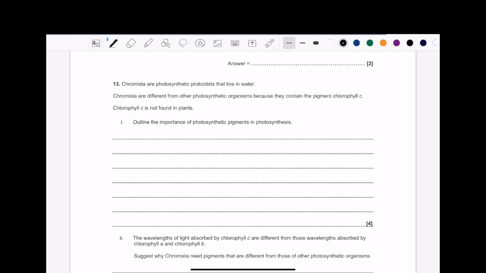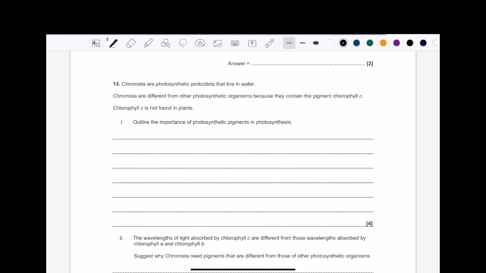And so, I would talk about how the pigments absorb light and the electrons are raised to a higher energy level. I would also talk about how accessory pigments pass energy to the primary pigments. I might also talk about how it's for the light dependent reaction, and I would name it, possibly saying that it's phosphorylation.